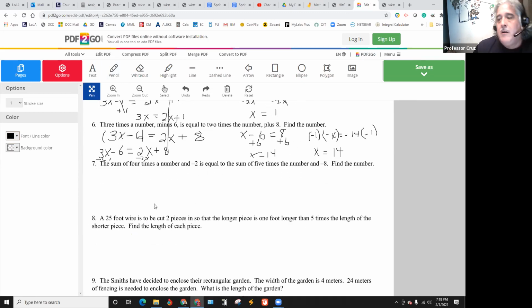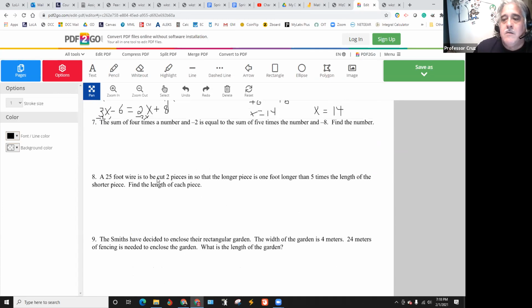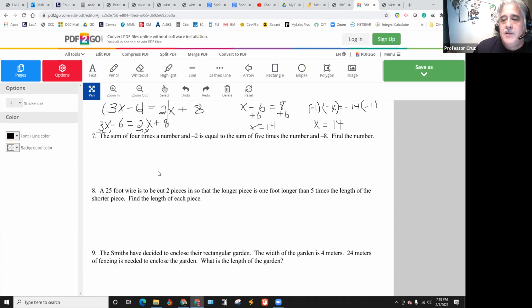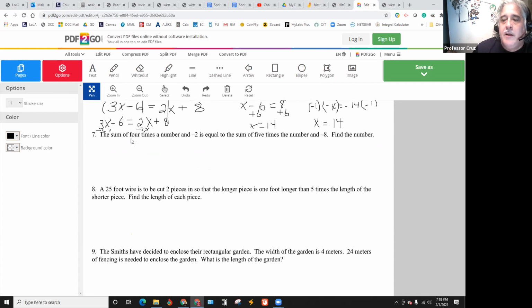All right. The sum of 4 times a number and 2. Now, start thinking about parentheses here. The sum, well, you don't really need them, I guess I'm getting a little bit too dramatic. You don't really need parentheses, but it's not going to hurt because there's nothing multiplying the sum.